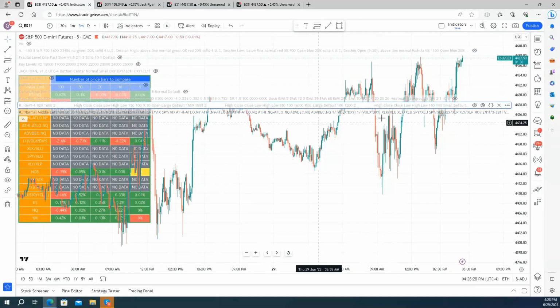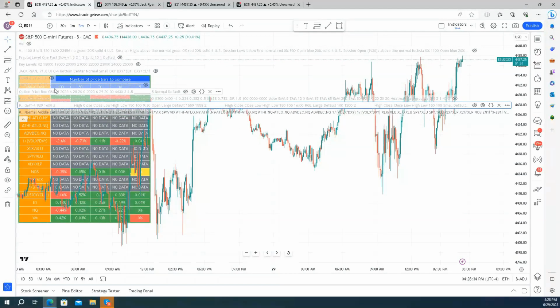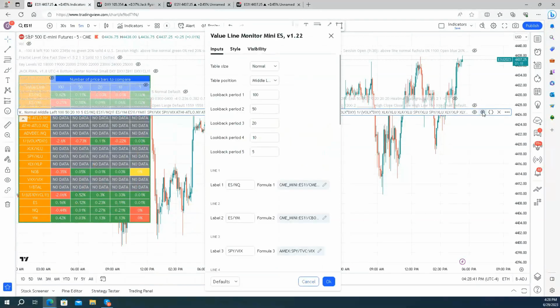So it's totally configurable. You can go into the settings. If you don't like the 5, 10 this way and you'd rather see it 5 bars back this way, up to 100 bars, or however many bars you're looking at depending on the time frame that you're in, you just come in and put whatever you want in as far as what label you want, what the formula is for the value line, and your look back periods.